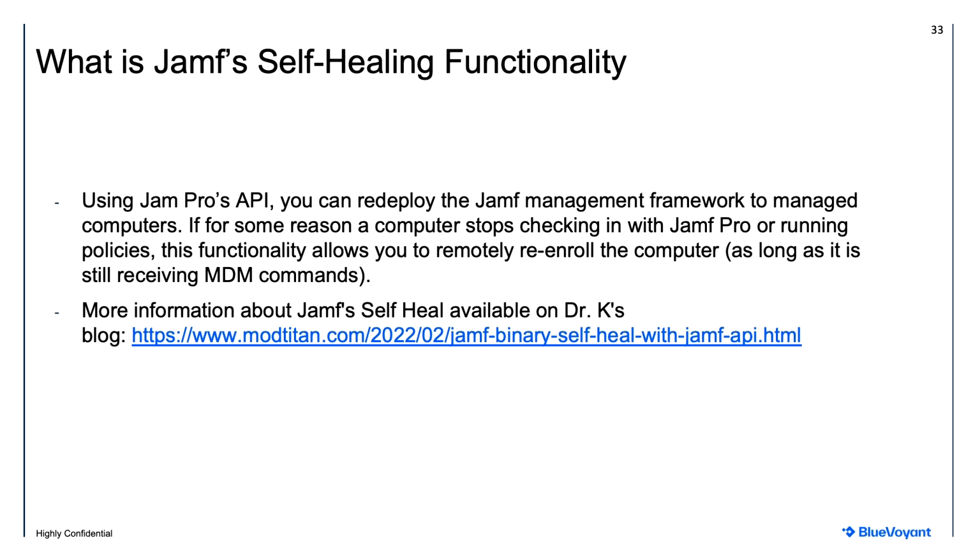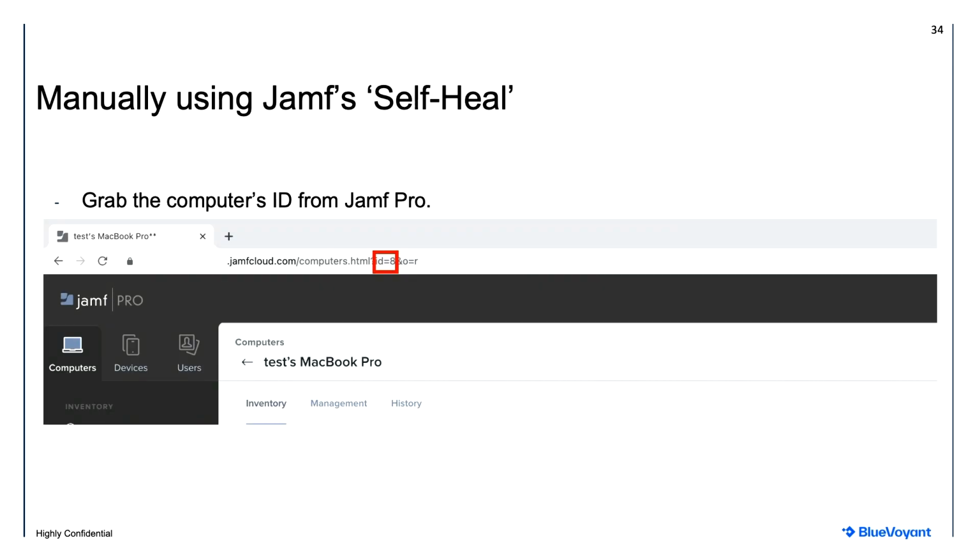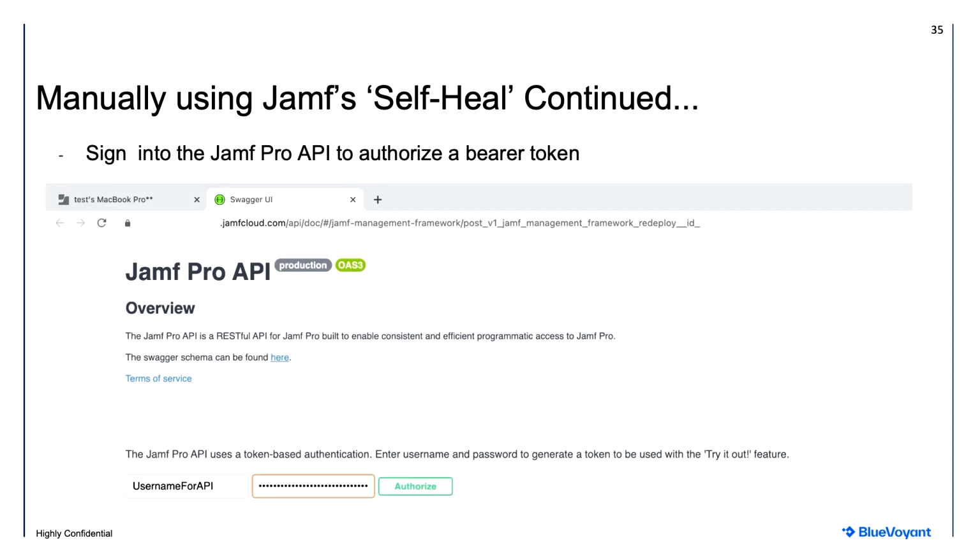But how would you go about doing it? Well, through the interface, you would first need to go into Jamf, obtain the computer ID from the asset number, and once you've obtained the computer ID, then you would have to go into Jamf's API, not the classic one, but the new version, and be able to authenticate to obtain that bearer token.